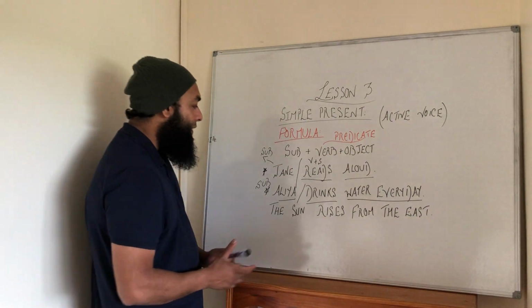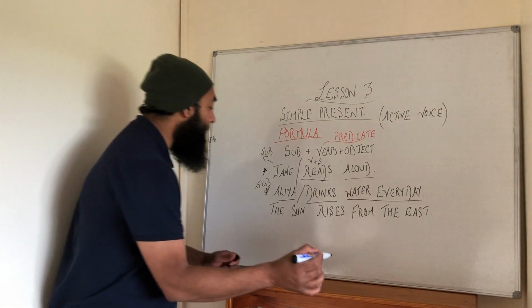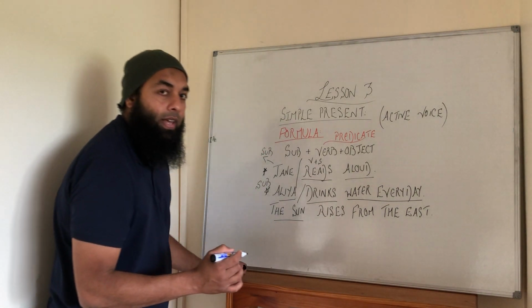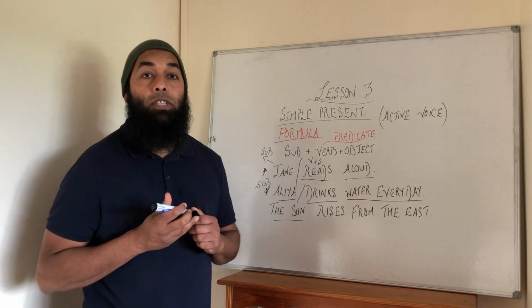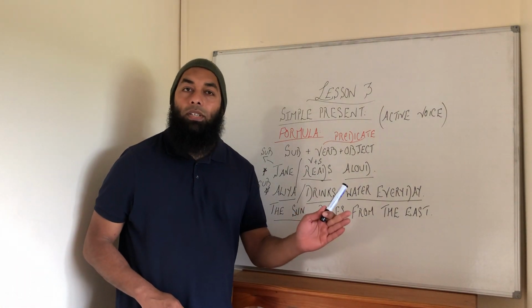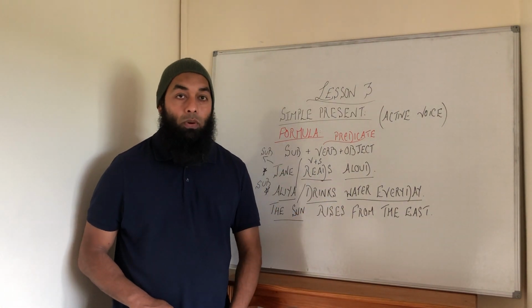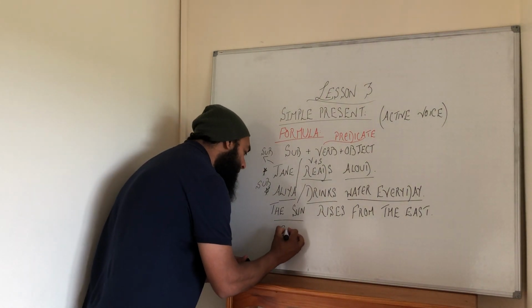And the last one here, the sun rises from the east, okay? We're talking about the sun rises from the east. So we know what the sun is, okay? And we all know it's a universal truth. All over the world, people do know the sun rises from the east. It doesn't rise from north or south or west, okay? So the sun is what? The subject of the sentence, okay?